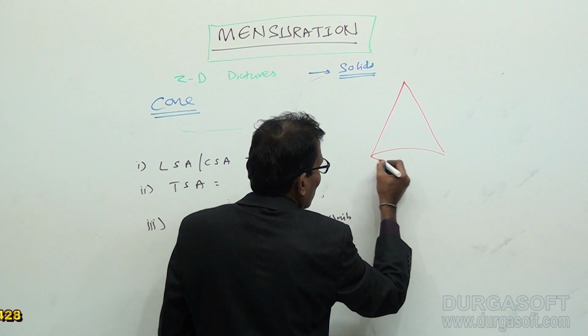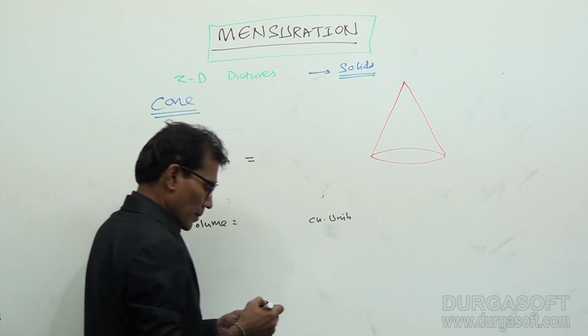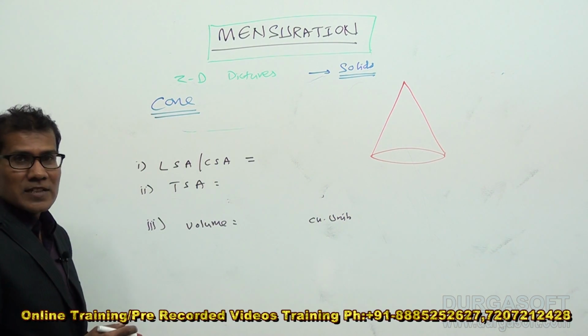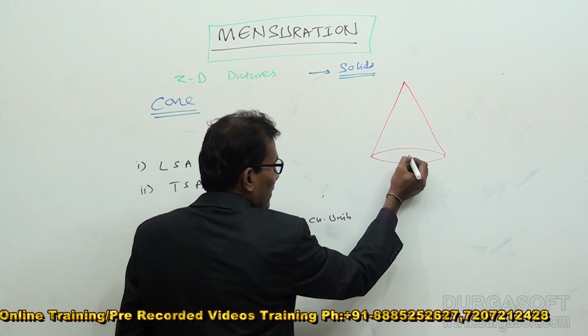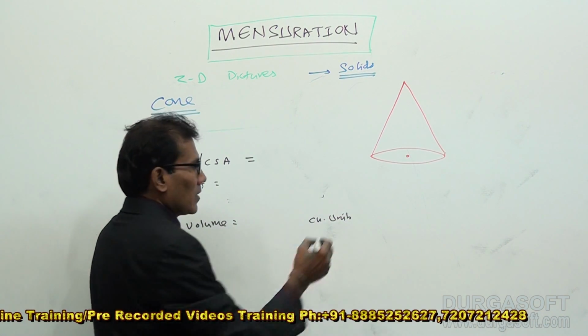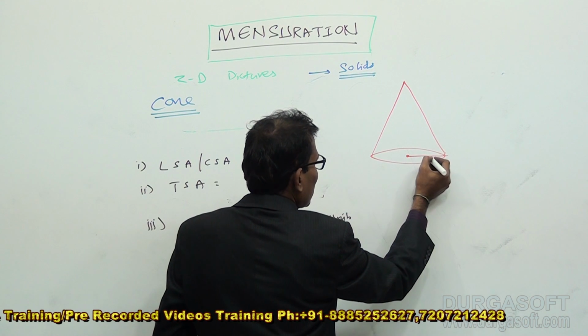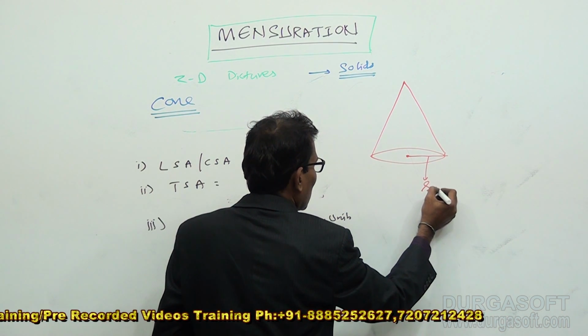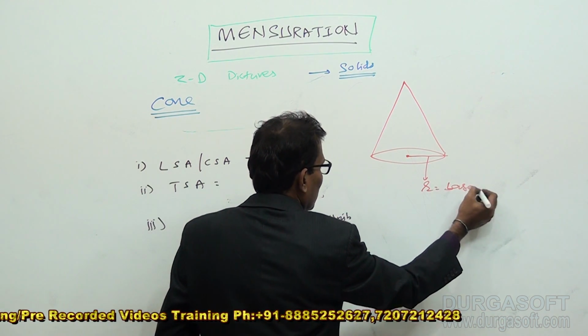This is the shape of the cone. What are the dimensions of this cone? The base is in the form of a circle, so there we have a base radius. Let us take r, it is the base radius.